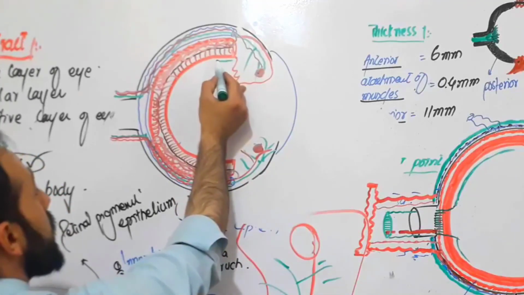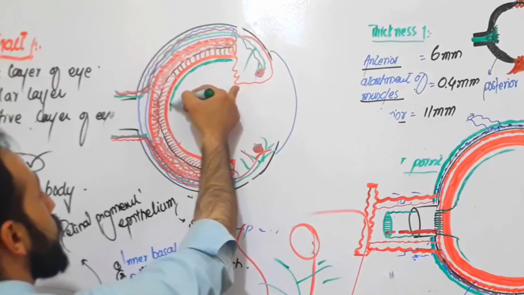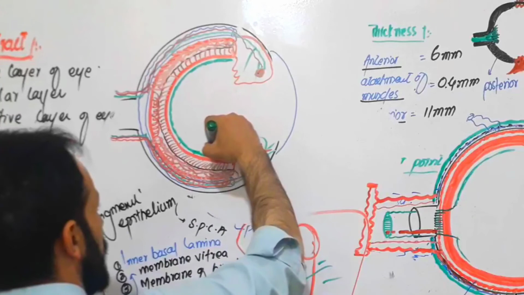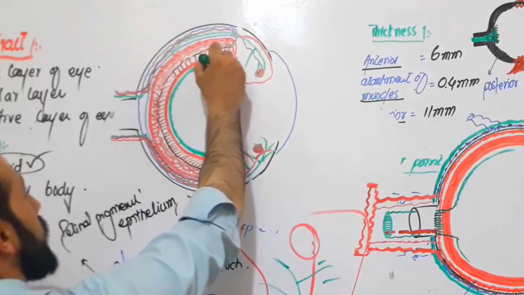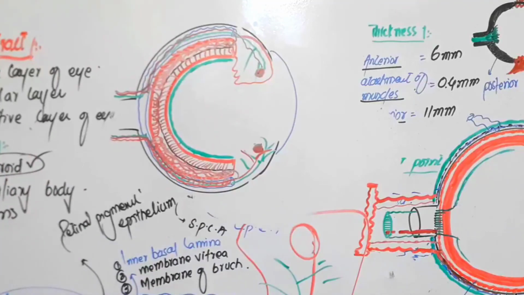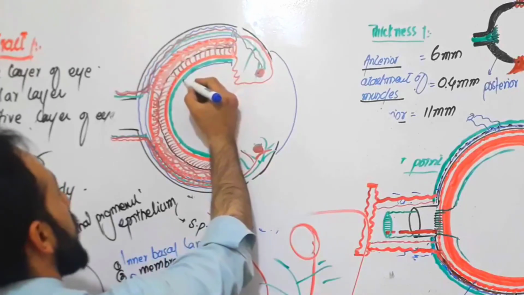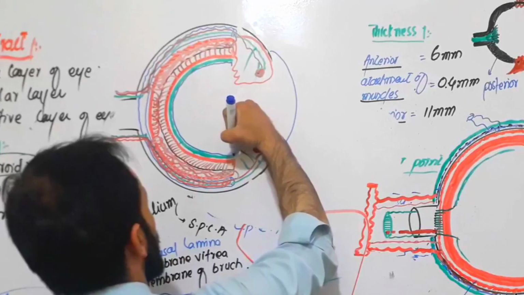Then above the choriocapillary layer, there is a layer, and this layer, as I told you before, right, what is this layer called? This is called membrane of Bruch, right? Done. Then above the membrane of Bruch, there is the pigment epithelium of your retina.